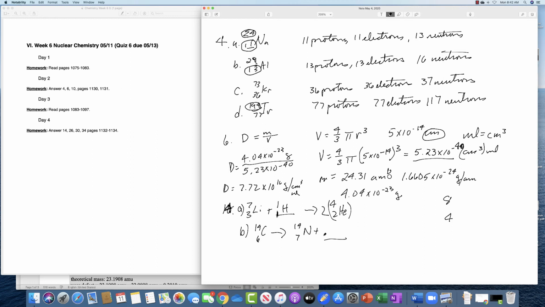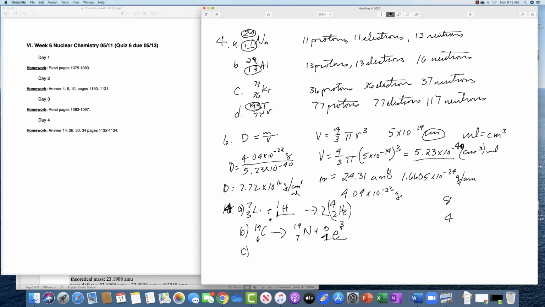In order to do that, you have to have something that has a -1 but no mass, and that is an electron. Electron has an atomic number of -1 because it's a negative charge, and a relative mass of 0. This is also called a beta particle. And so if we put this here, the -1 subtracts from this to give you this. 0 has no impact on the mass, so you have a balanced equation.